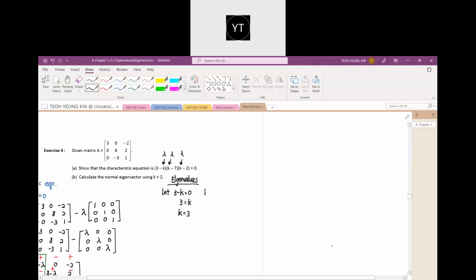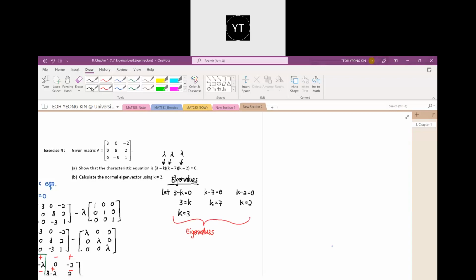Next, k minus 7 is equals to 0. K is equals to 7. And finally, k minus 2 is equals to 0. K is 2. So this one is known as our eigenvalue. Actually, we have three eigenvalue. For this case, we have three eigenvalue.